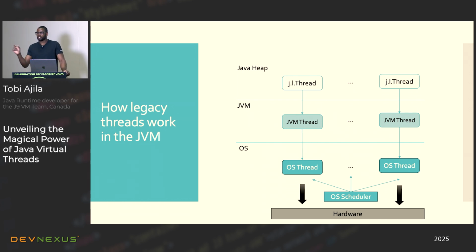Keeping track of all that state for handshaking is also stored there. And then at the bottom is the actual OS thread. Think of pthreads, for example. These are the underlying threads that the JVM is using. Of course, these OS threads are scheduled by the OS scheduler, and that's what runs on the hardware.